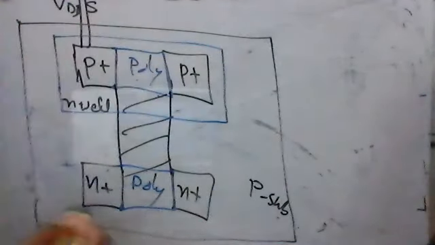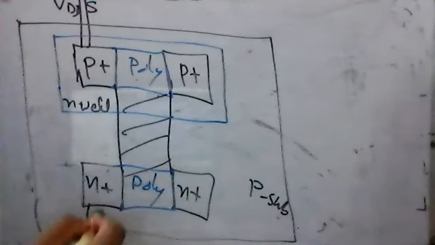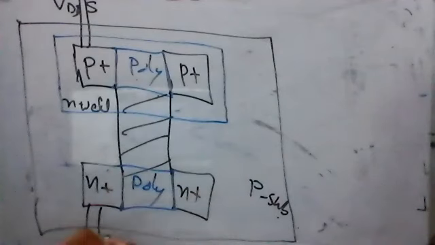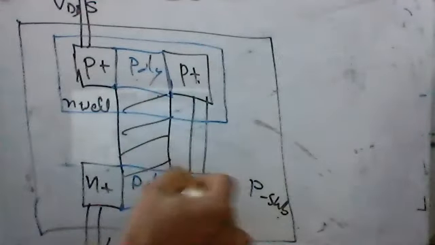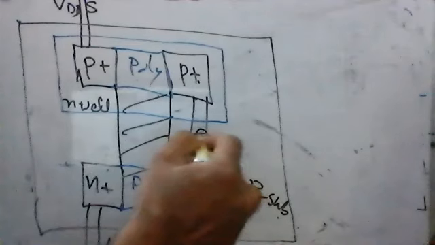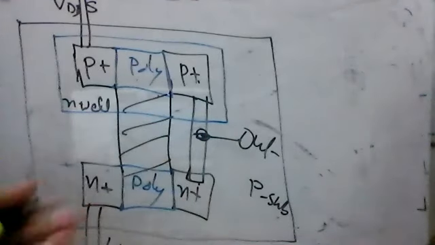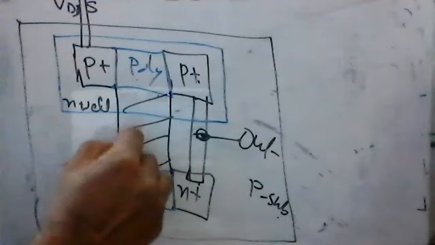And one of these will be the source for NMOS, connected to VSS. And this is a drain and this is a drain. So the two drains will be short circuited, and this will be the output. The input is here. Input is the gate.